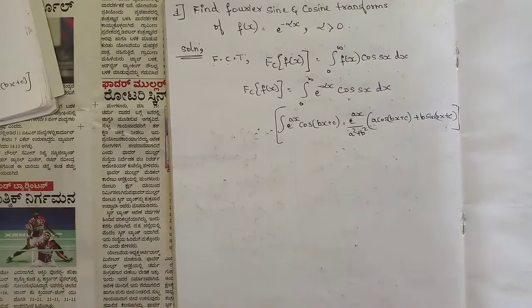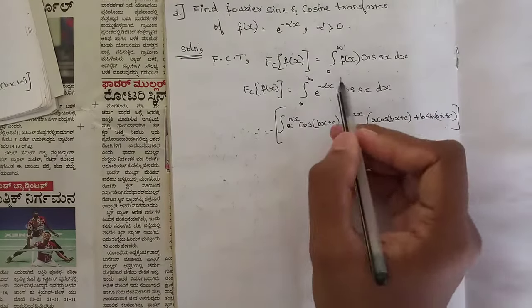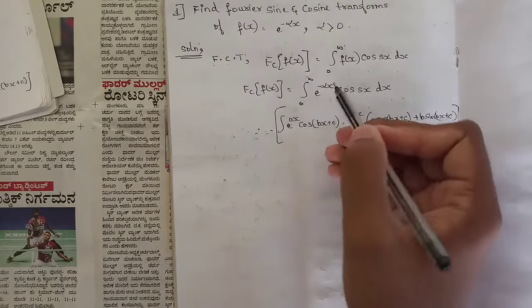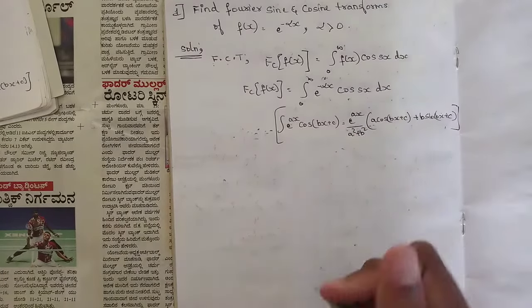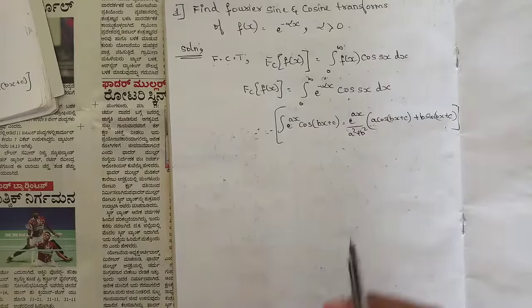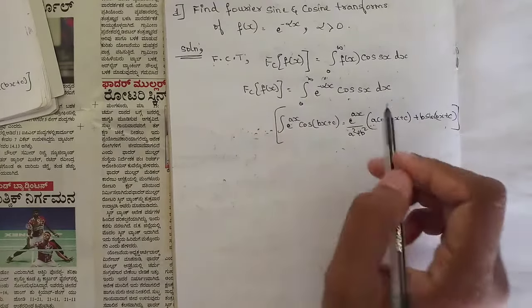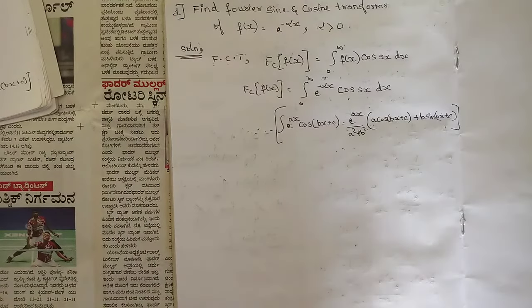This is defined like this. In the same way, in place of a we have alpha, and in place of b we have s, and the value of c here is 0 since it is not given. So we are going to substitute this and write it in the form of the given integral.